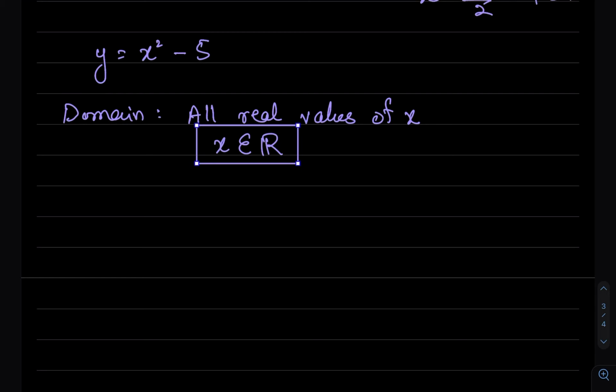You want to impress your examiner, write this: x belongs to R. R is the set of real numbers. This isn't in your syllabus, but you're my students, guys, come on, you're the best.